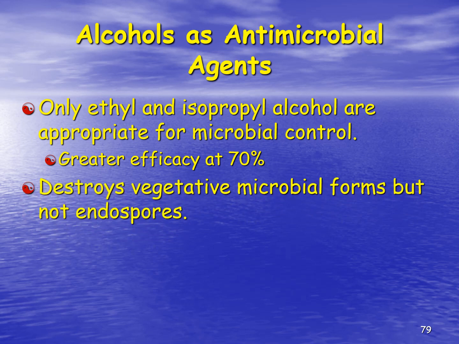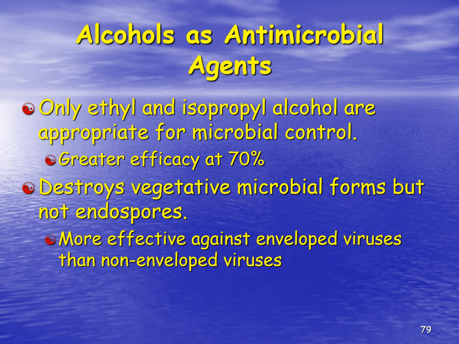Alcohols will destroy the vegetative microbial forms, but again are not endosporicides. They're most effective against enveloped viruses versus non-enveloped viruses. The alcohol actually will cause the outer phospholipid envelope of both gram-negative bacteria and the enveloped viruses to dehydrate.